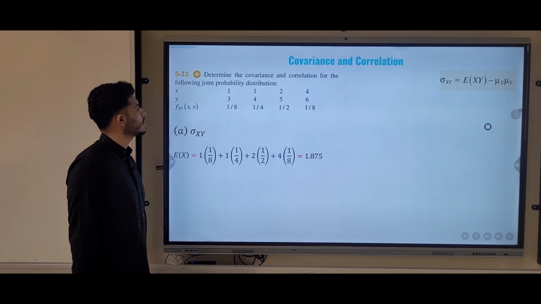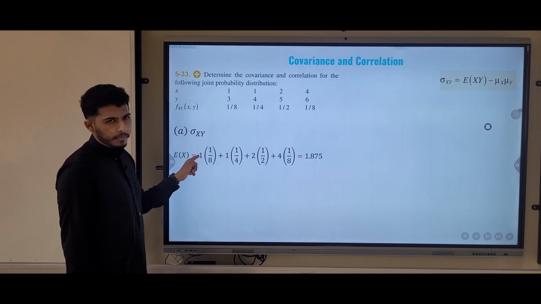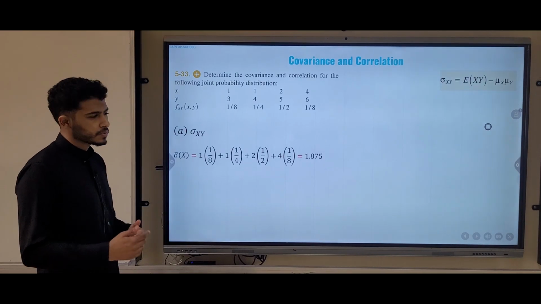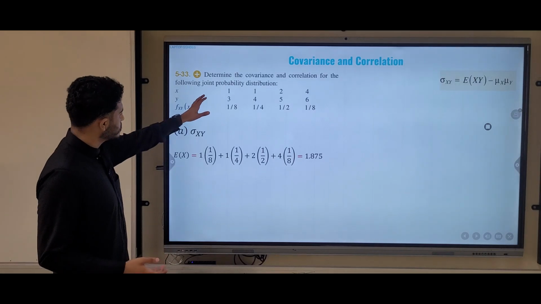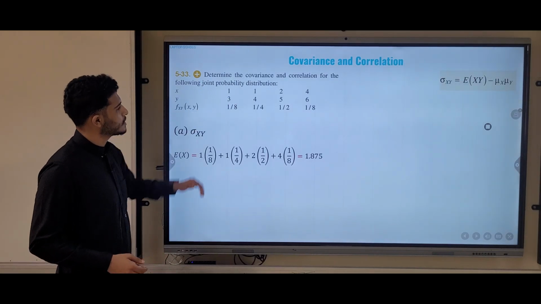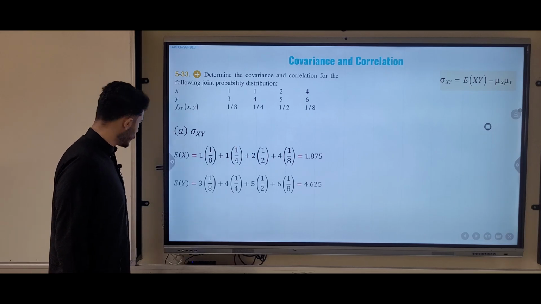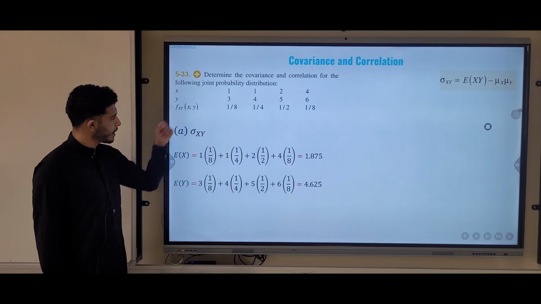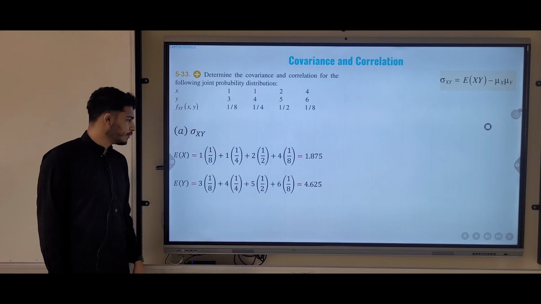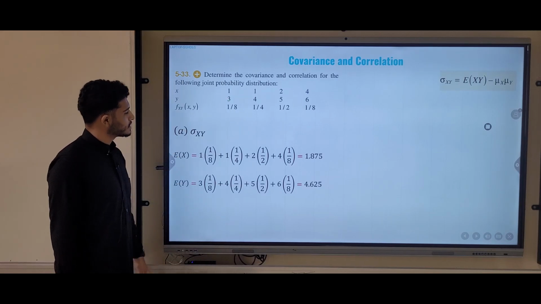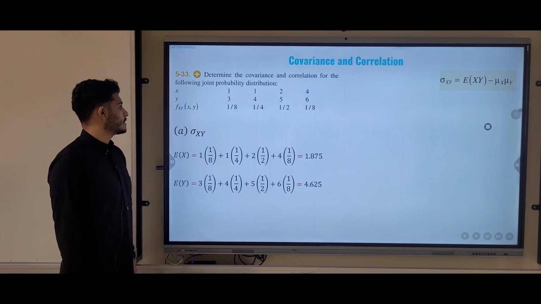By the way, you can do it in terms of marginal probabilities, but for this table it is easier to do it directly. And the same goes for y also. Just multiply 3 by 1/8, 4 by 1/4, 5 by 1/2, and 6 by 1/8, and you get this at the end of the day.